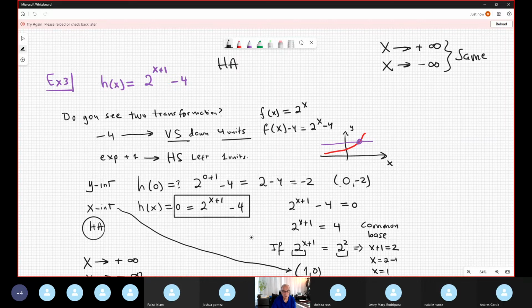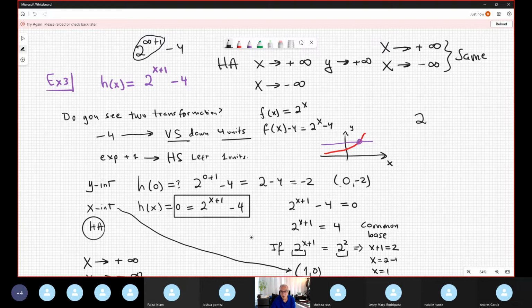When x approaches positive infinity, it's obvious that y approaches positive infinity, because you put 2 to the infinity plus 1, minus 4. Infinity plus 1 is obviously infinity because 1 is totally negligible, and 2 to the infinity is infinity. However, when approaching negative infinity, we have a different situation.